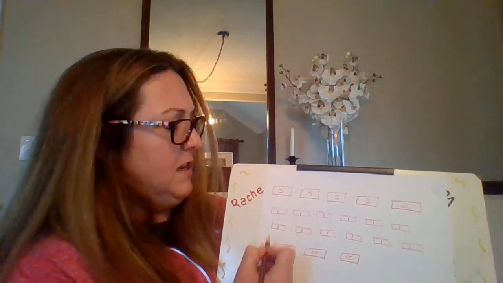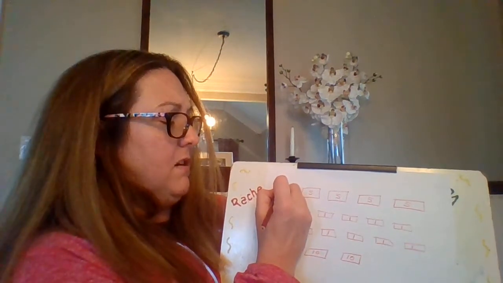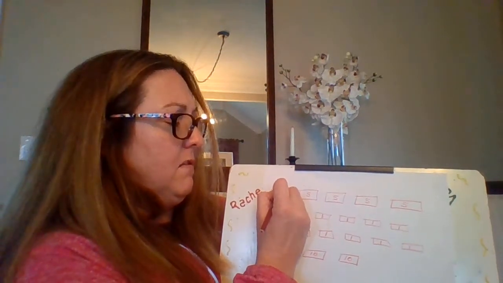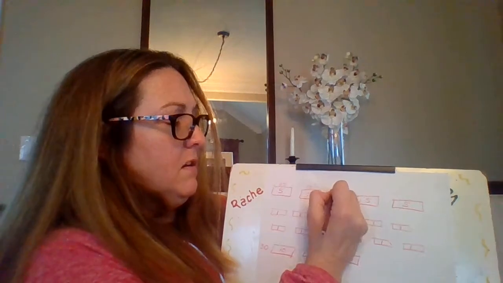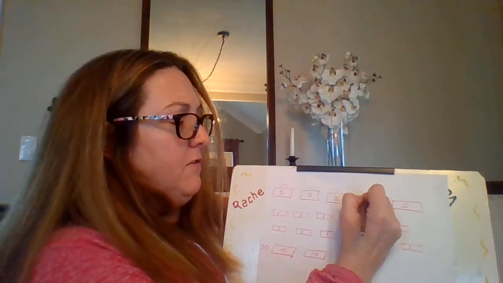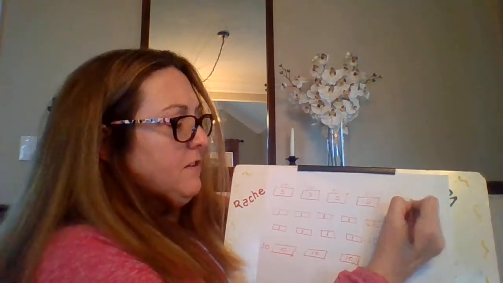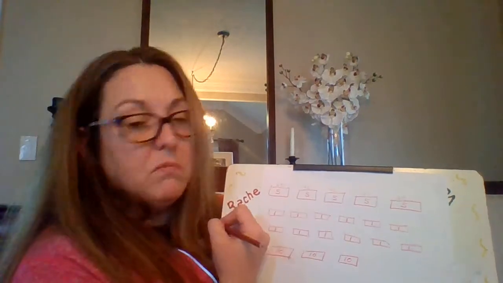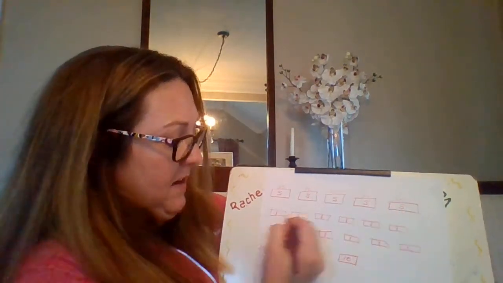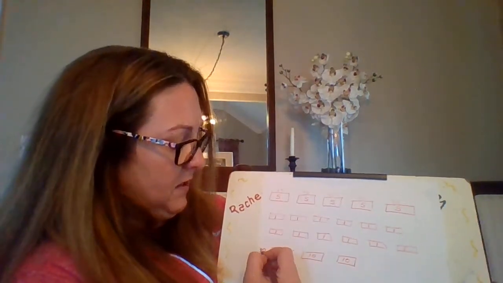But I got 30, so I would say this would make 35, 40, 45, 50, 55. Maybe I could record it that way. So I know I'm at 55 now, and I've added up my tens and my fives.